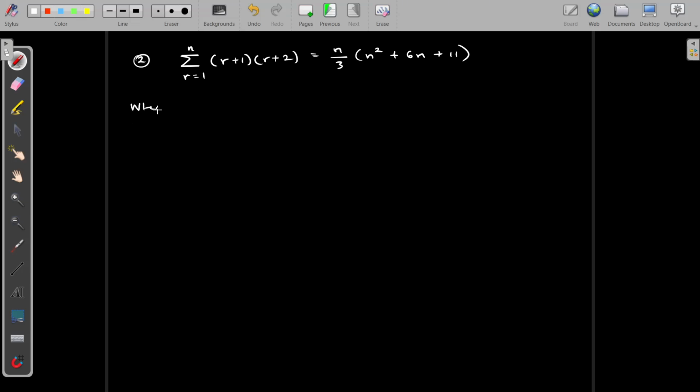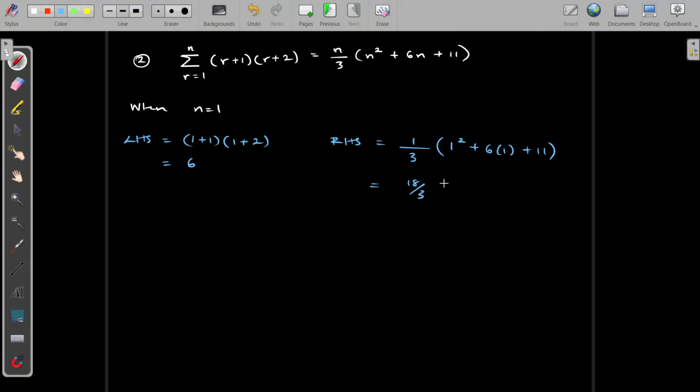When n is equal to 1, left hand side would be equal to 1 times 1 plus 1 times 1 plus 2, so that's 6. Right hand side would be equal to 1 over 3 times the bracket, so that's 18 over 3, that's 6.